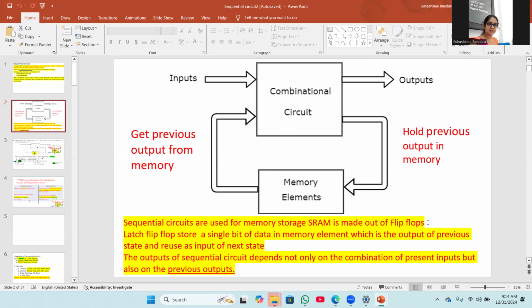That also stores in the memory element the output of the previous iteration, the output of the previous circuit. That means this input will make the output. The output will be stored in the memory element. Then it will be used for the next input. So the output of sequential circuits depends not only on the combination of the present input but also on the previous output.